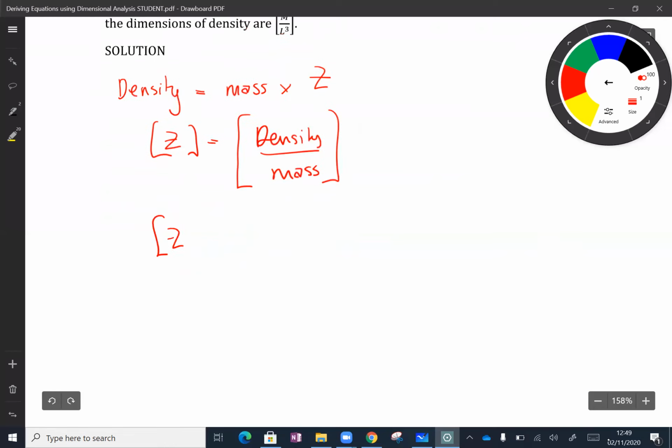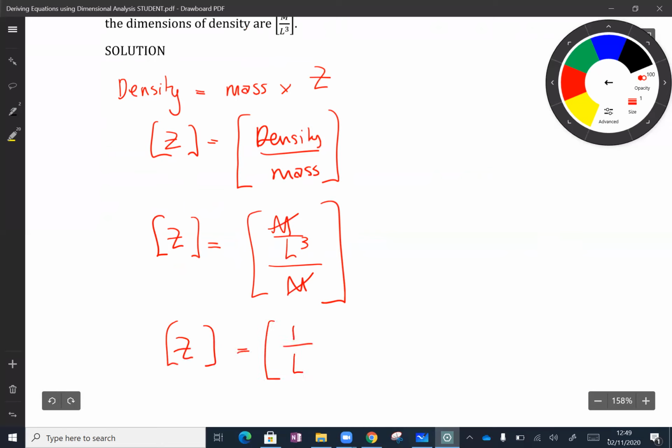Density is M over L cubed, and then over mass, so the M's cancel. The dimensions of Z are L cubed, which you should know is volume.